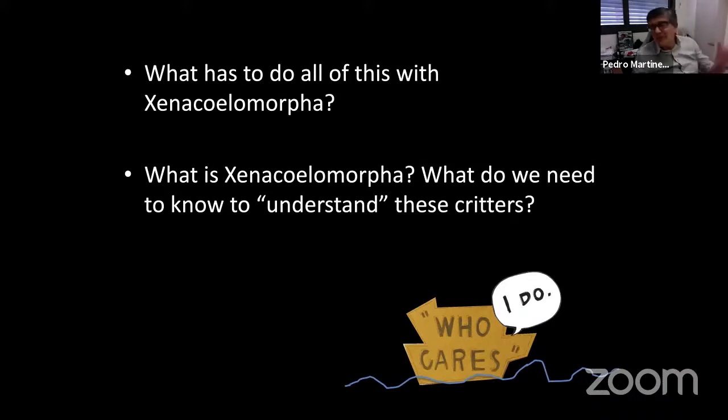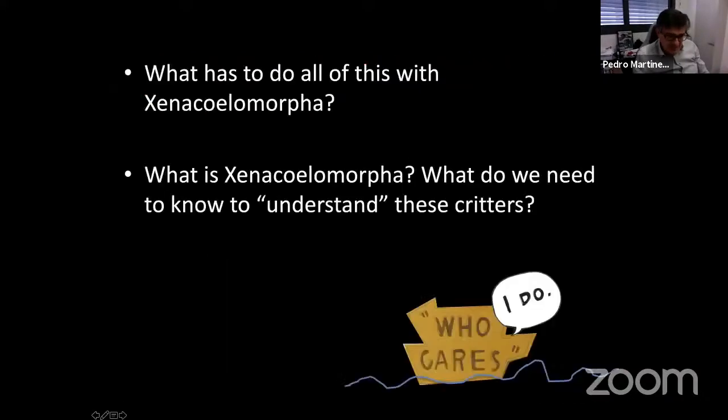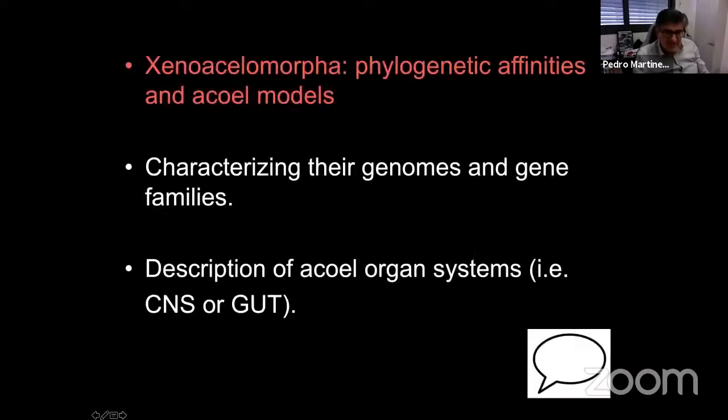So this strange or enigmatic group of animals, sorry, I think I missed one slide. Anyway, in order to understand what chain oisilomorphs are and what they provide us in terms of informing the origin of bilaterian animals, I will subdivide this short talk into three different topics.